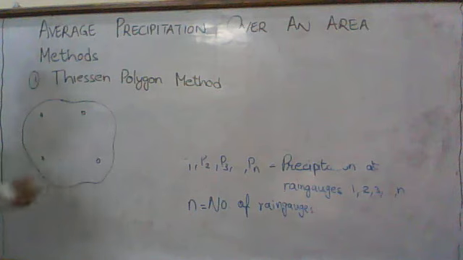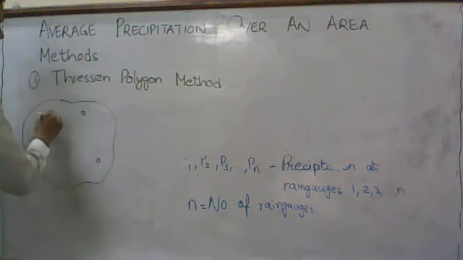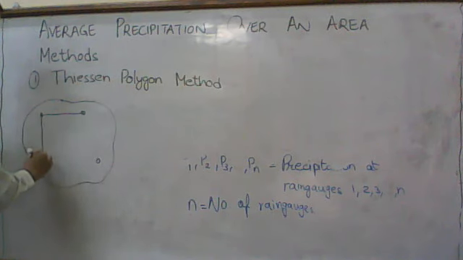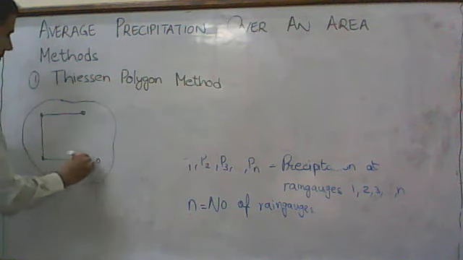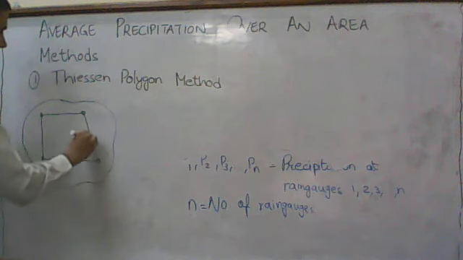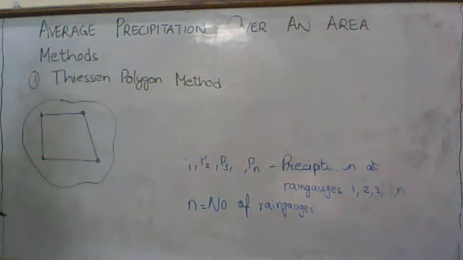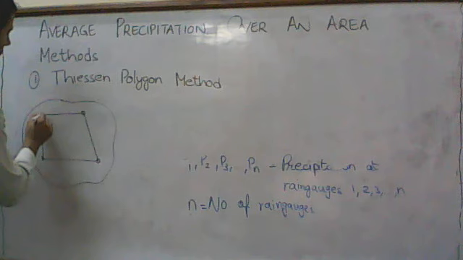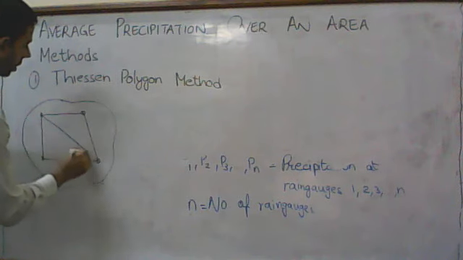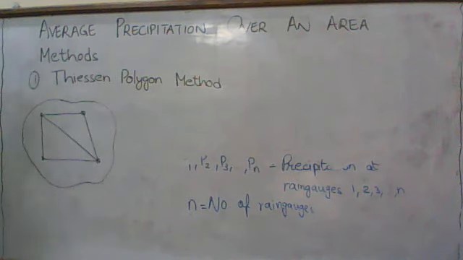These 4 rain gauge stations are connected with the help of lines so that they form a triangular network.